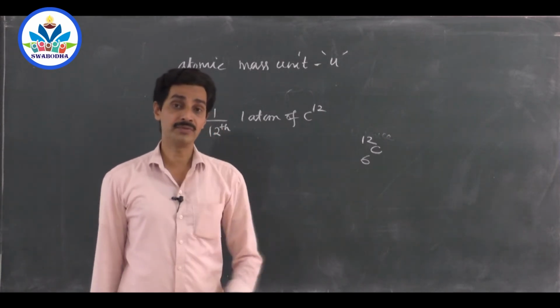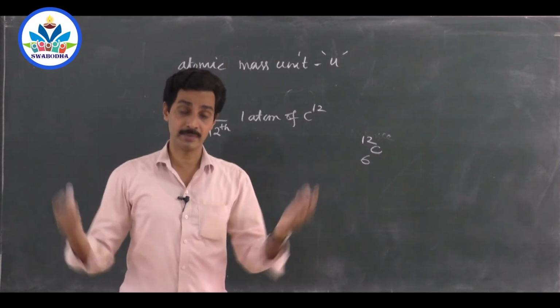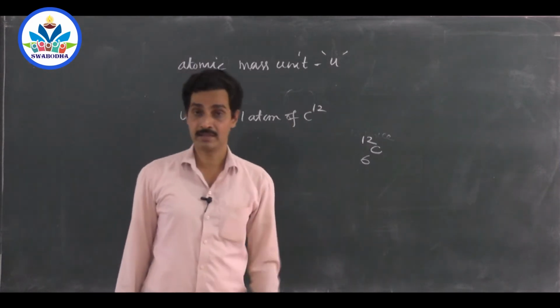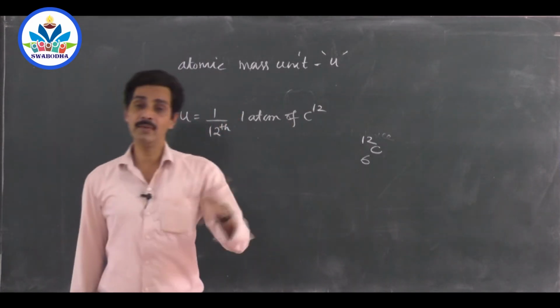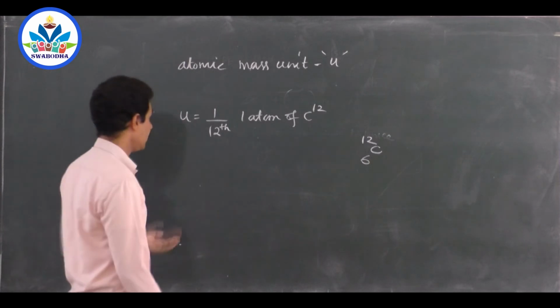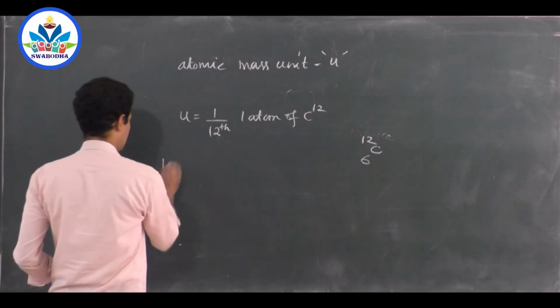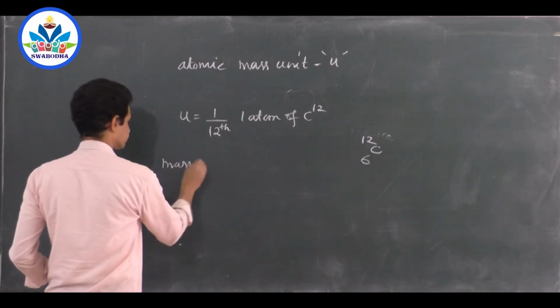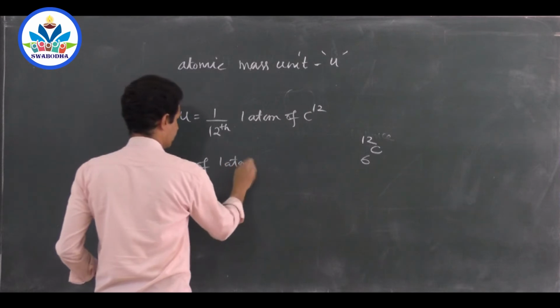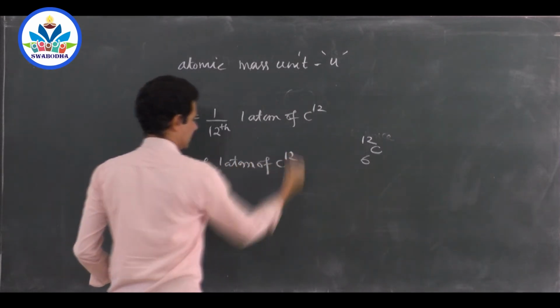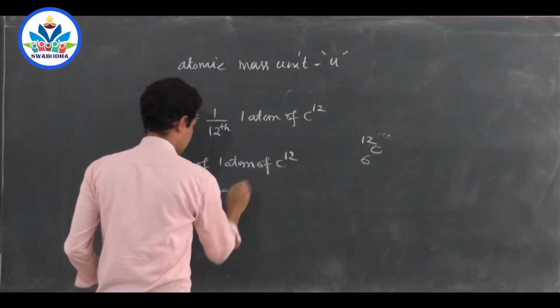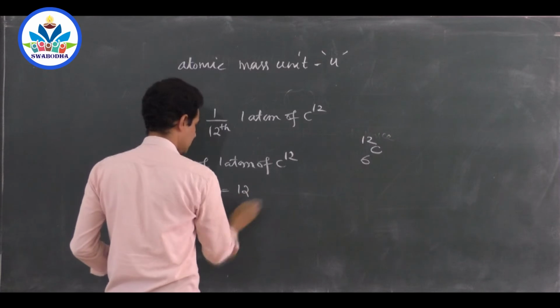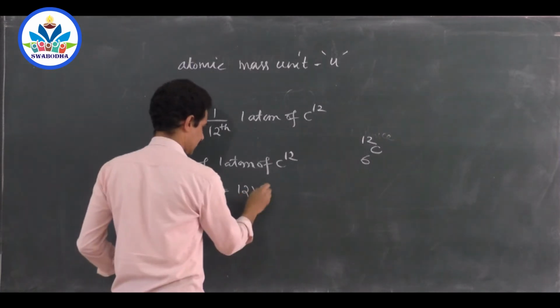It is the mass of 6.02 into 10 to the power 23 atoms, that is Avogadro number of atoms. So what is the mass of one atom? Divide it. So the mass of one atom of carbon 12, if you want to know it, is equal to 12 gram divided by Avogadro number. Okay, I will convert it into kg.